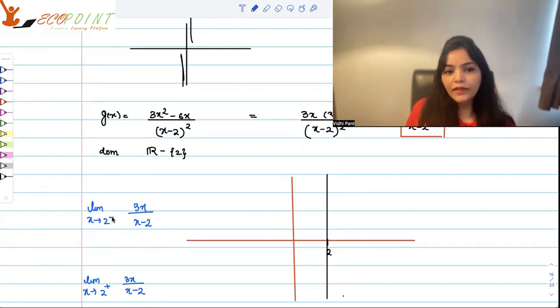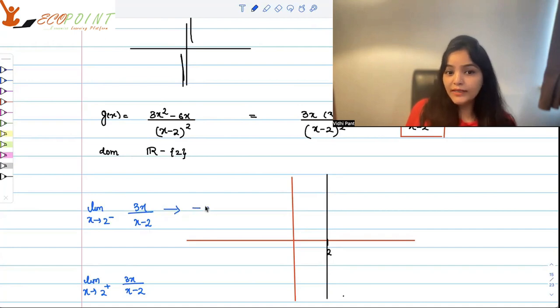Clearly, when x is a little lesser than 2 but almost approaching 2, it's a positive number. So in your numerator, you will still have positive. In the denominator, you will have a little lesser than 0 because it's like 1.99 minus 2. So you will get almost 0, but it's negative.